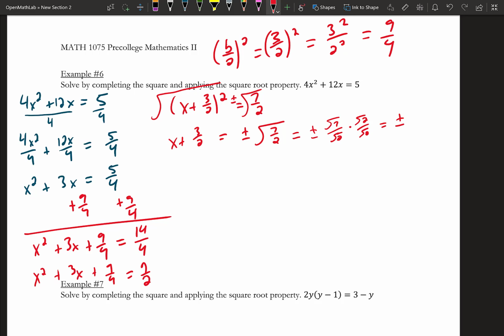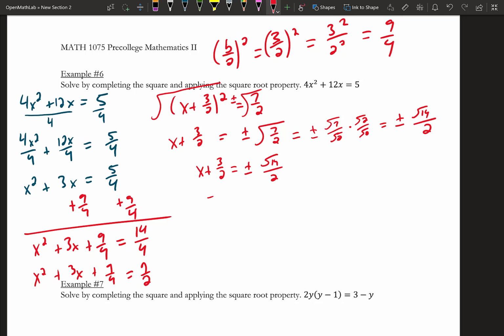So with the top, I can use the multiplication property of radicals, and that's going to give me radical 14. And then radical 2 times radical 2 is just 2, right? They cancel each other out. It's like radical 2 squared. So what I have is x plus 3/2 equals plus minus radical 14 over 2.